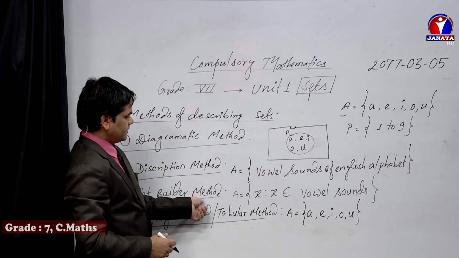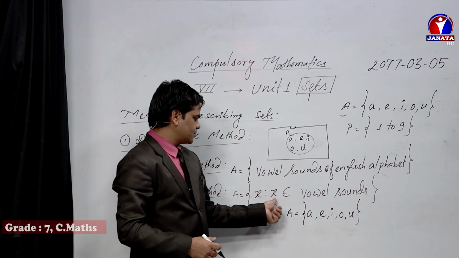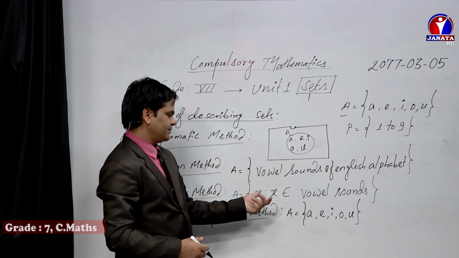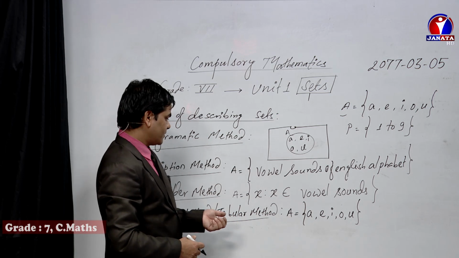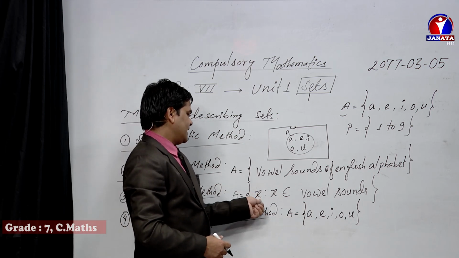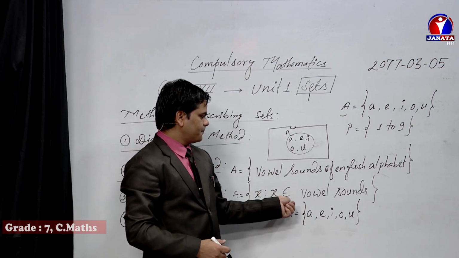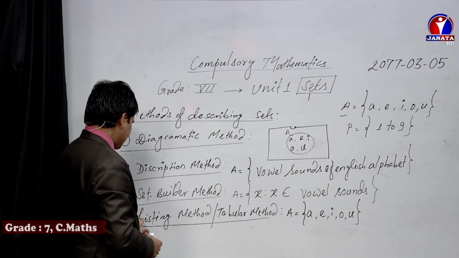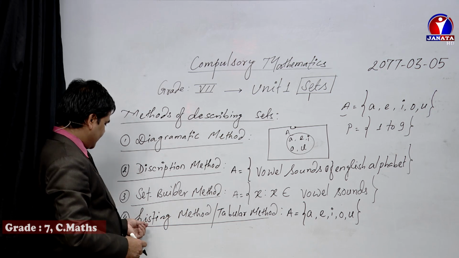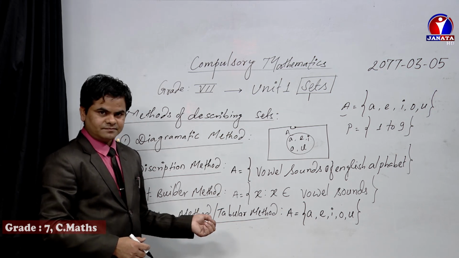Set builder method: x such that x belongs to, you can write y such that also, it is your choice, it depends upon which alphabet you prefer. y such that y belongs to natural number less than 10. You can write that. Another one, dear student, is the listing method or tabular method.